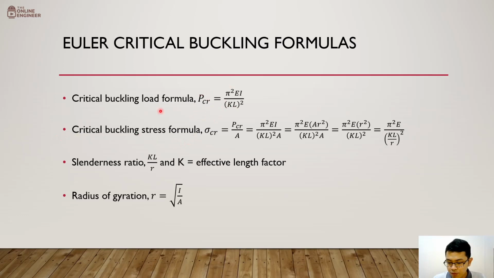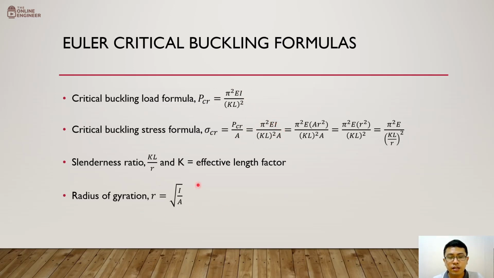If this is in terms of load, then we can also express it in terms of stress, simply dividing PCR over our area. PCR over A, we simply copy this formula over here, and we include the area. Now, this I could be expressed in terms of the area and the radius of gyration.